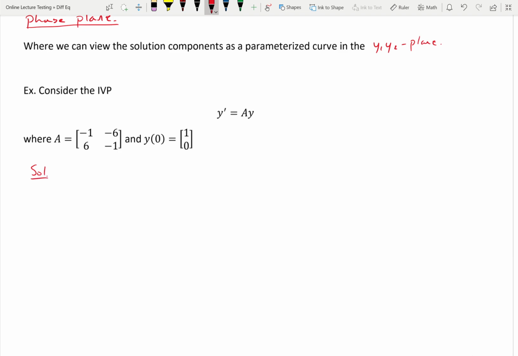All right, so first of all, we need to take the determinant of A minus lambda I, and we're going to get negative, oh, I forgot to subtract my lambdas from this, so let me fix that real quick.